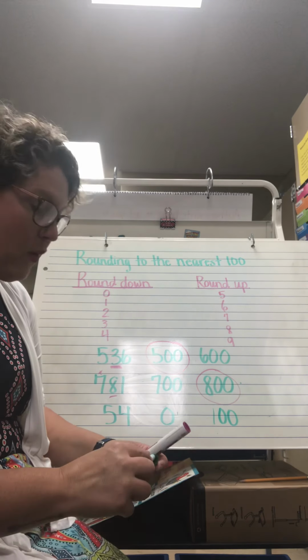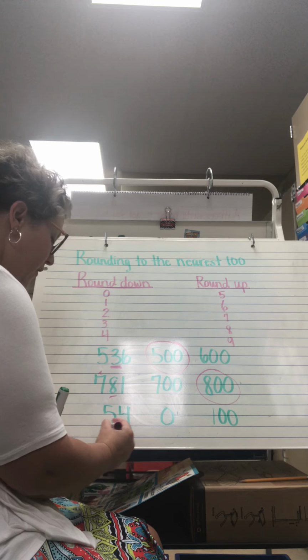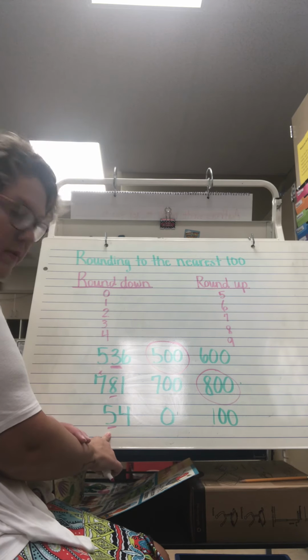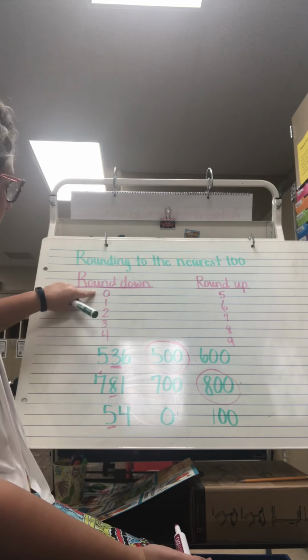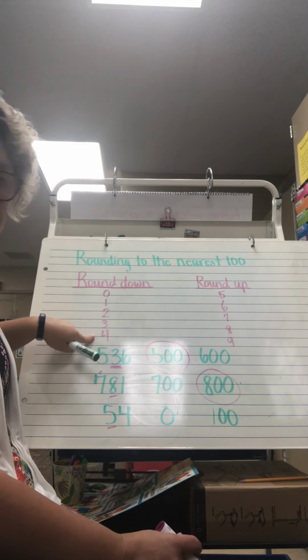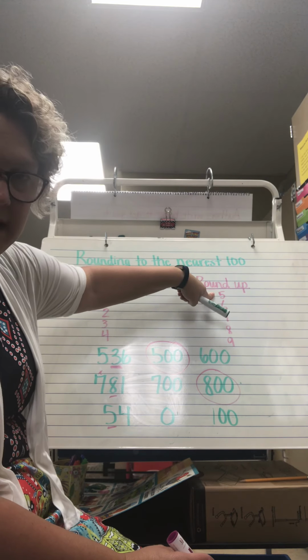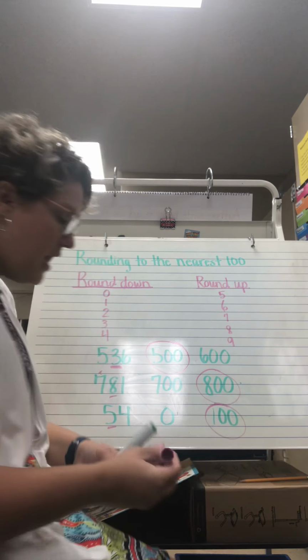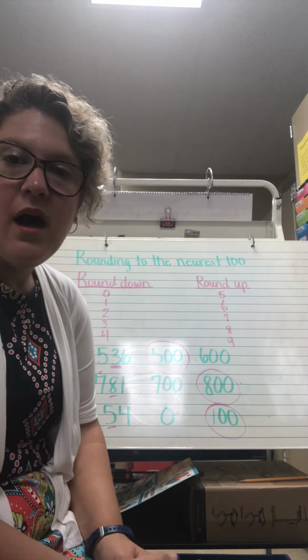So again, I'm going to look at the tens place. Even though I don't have anything in the hundreds, I still am going to refer to the tens place. The digit in the tens place is a 5. So if I look at my round down, I don't see it. But when I come over to my round up, it's the first digit that I see. So 54, when I am rounding to the nearest hundred, is going to round to 100.